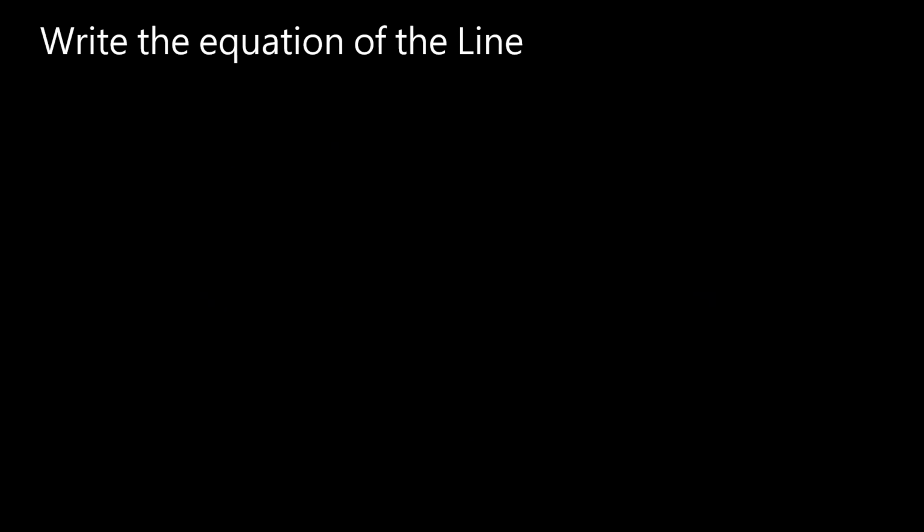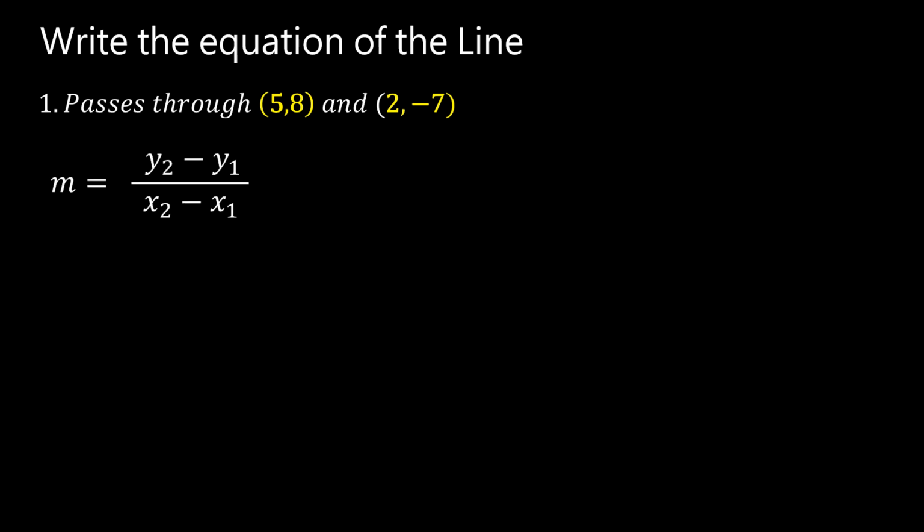Look at this example. Write the equation of the line that passes through two points, (5, 8) and (2, -7). So here the gradient is not given and the y-intercept is not given. How to do this question? Number one, find the gradient or slope by using the formula (y2 - y1) over (x2 - x1). The first point has x = 5 and y = 8.